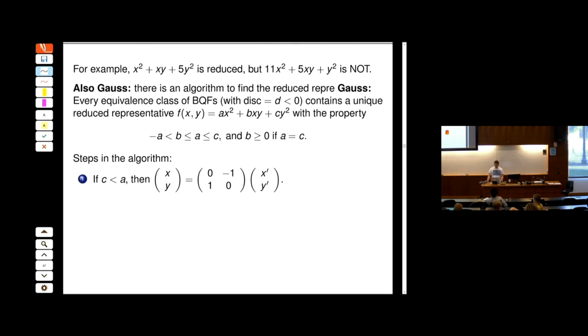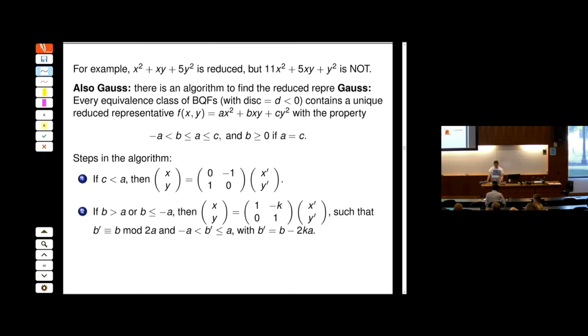If C is less than A, then you flip X and Y essentially and change signs. If B is bigger than A or B is less or equal to minus A, then you change by one translation like that, where the little k is given as follows.